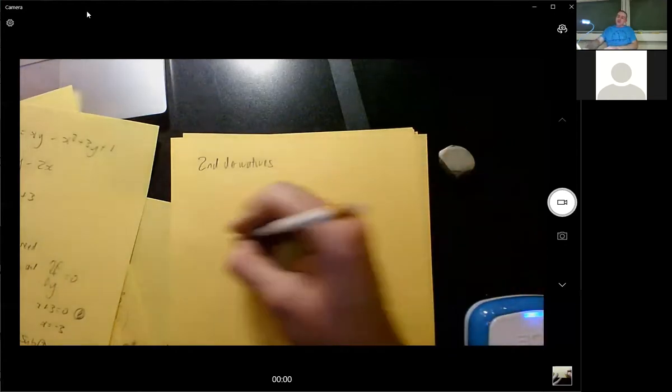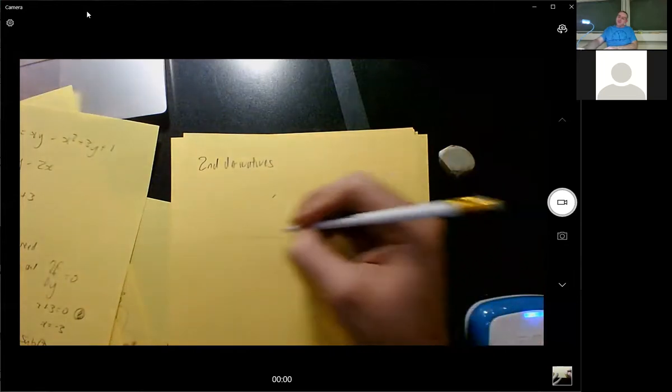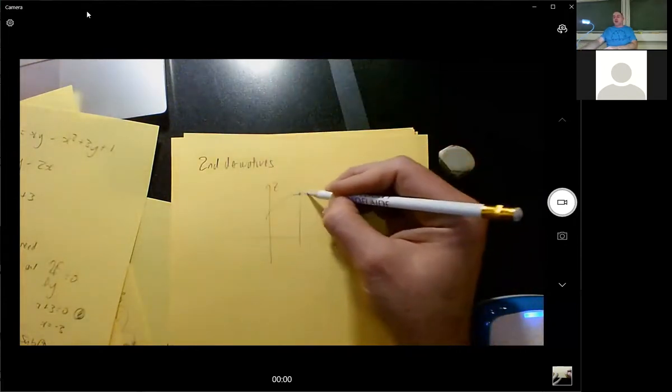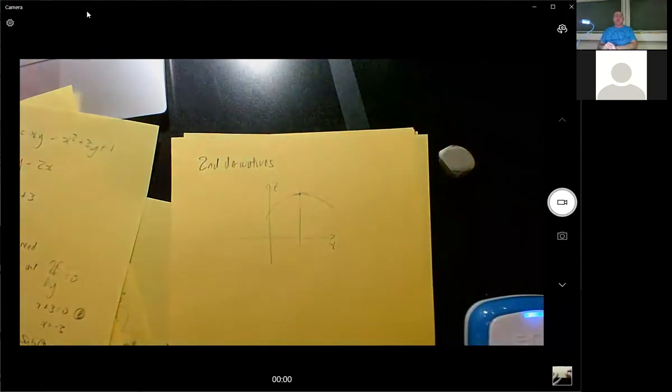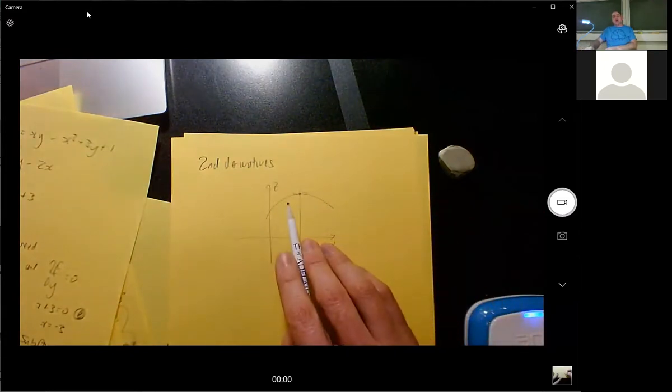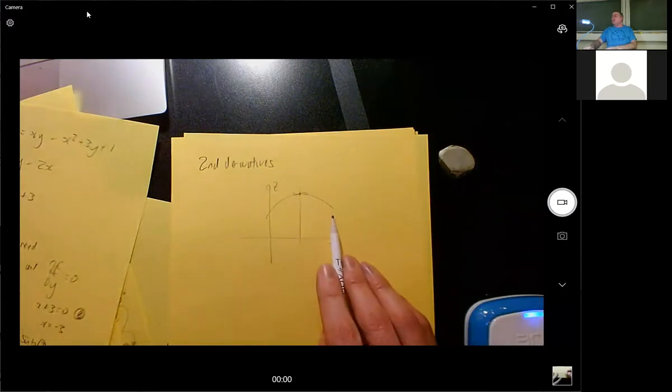If I would like to know whether it was, let me just step back a bit. If I looked at it from the side, and this is my x-axis and this is my z-axis, and my function was going like this, then that would be a maximum. I'd know that the derivative in the x direction would be 0, but I'd also know that the slope as I go past this point is changing from positive to negative.